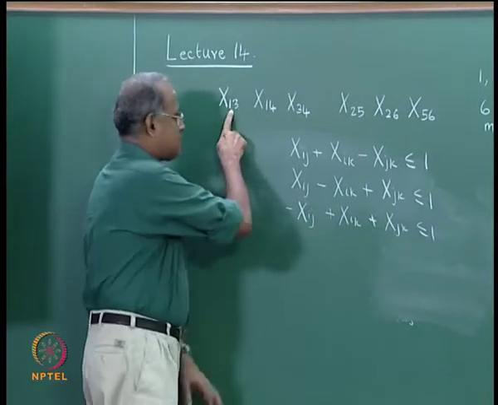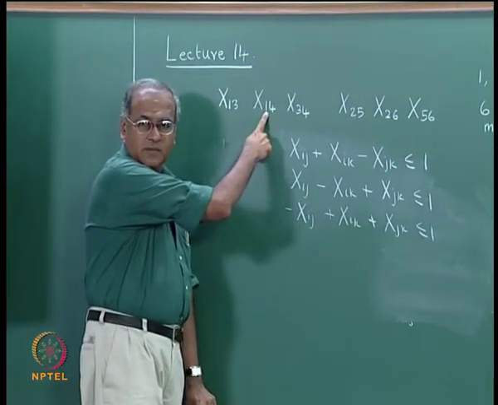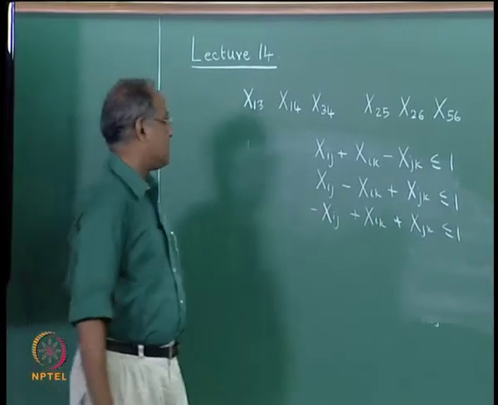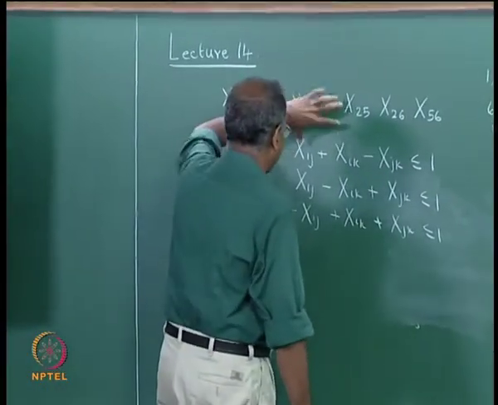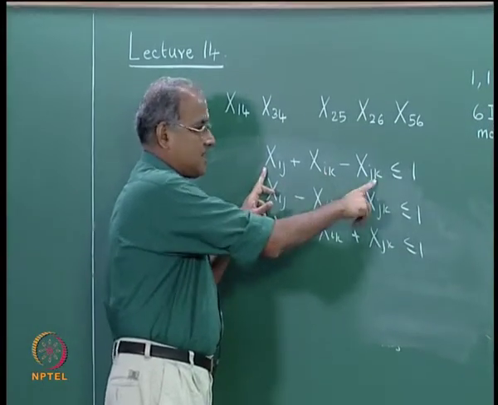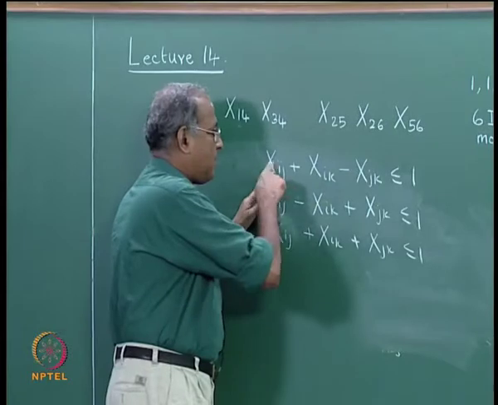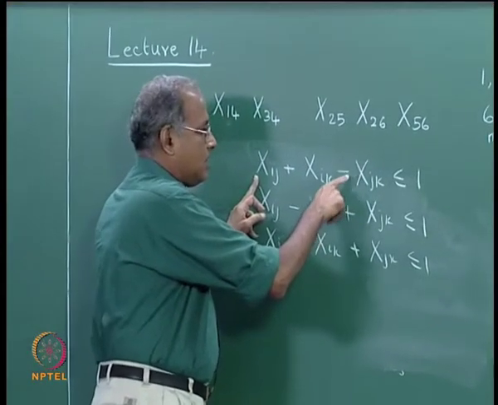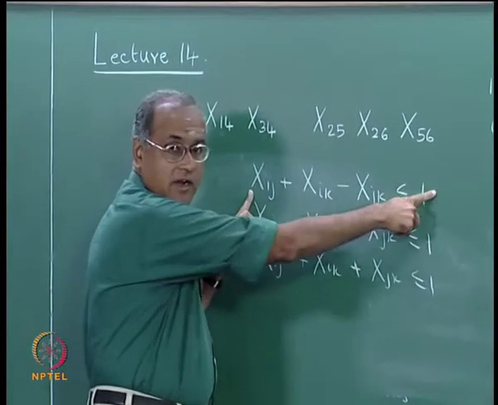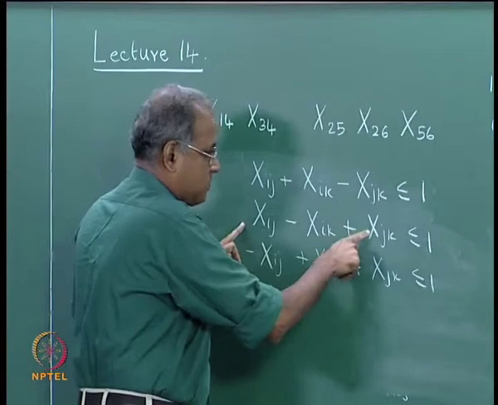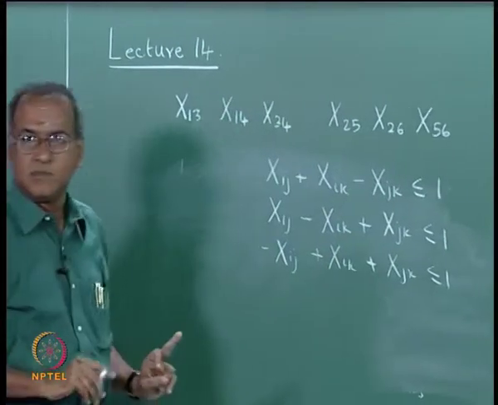So, if x13 is 1, x14 is 1, then x34 has to be 1. So, x13 is 1, x14 is 1, this is x34. So, 1 plus 1 minus 1 is less than or equal to 1, 1 minus 1 plus 1, so it follows.